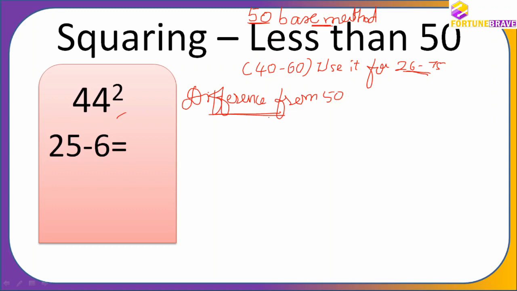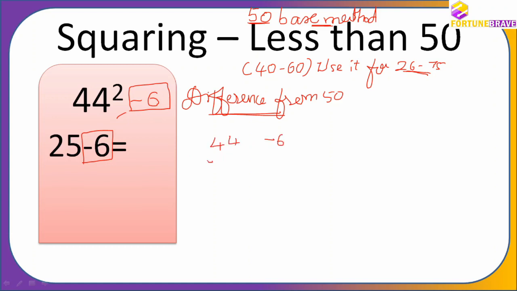Less than means minus, more than means plus. Same way here, we are going to find out how much it is less than 50. Is it 6 less than 50? Therefore, we have taken minus 6 here. Remember this. 44 is 6 less than 50.